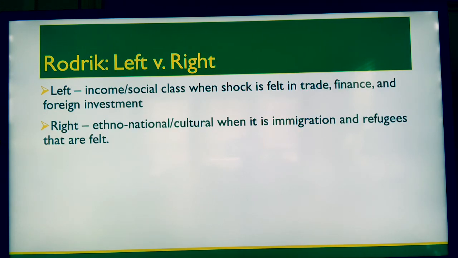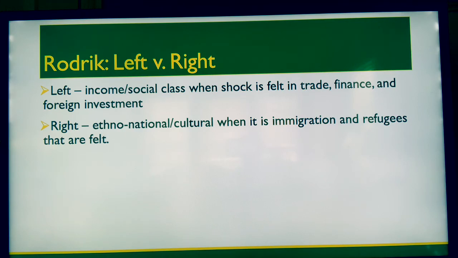Okay. So he closes with the left versus right distinction between left populism and right populism. Left populism focuses more on the income and social class dynamic, so really more of that lower groups versus the elites.